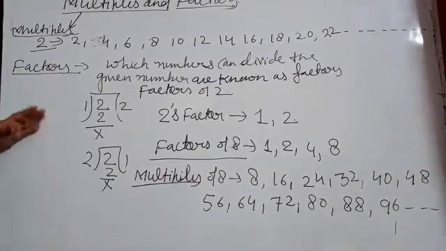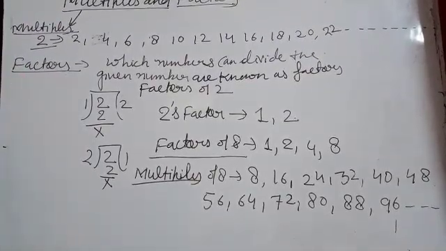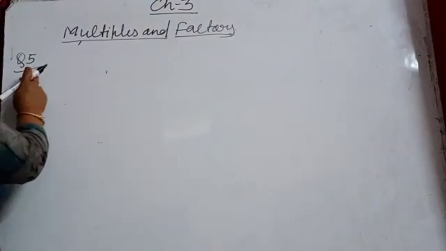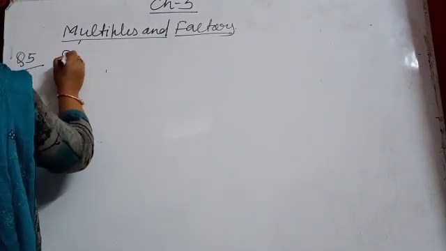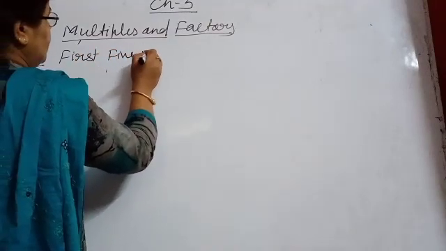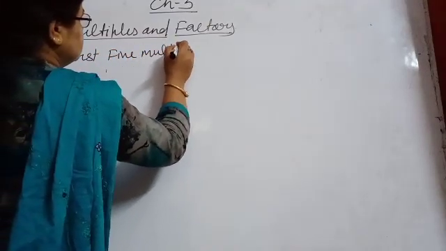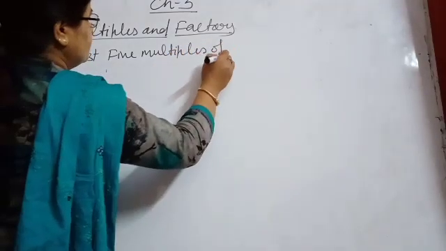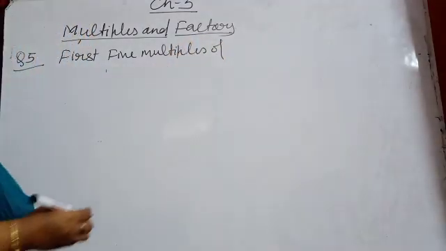Okay. Now further we are proceeding to the next. Right. First five multiples of 7.